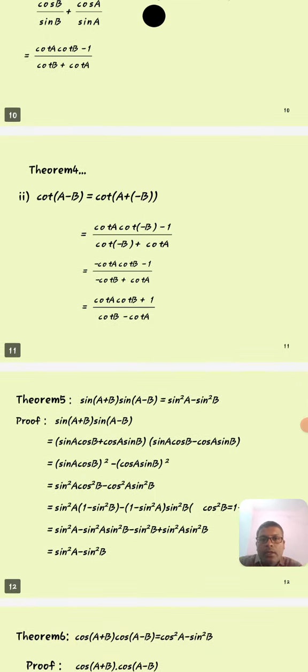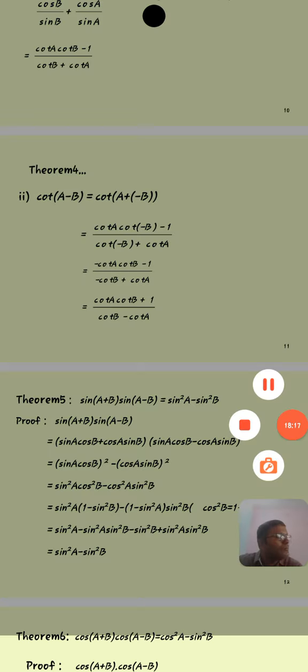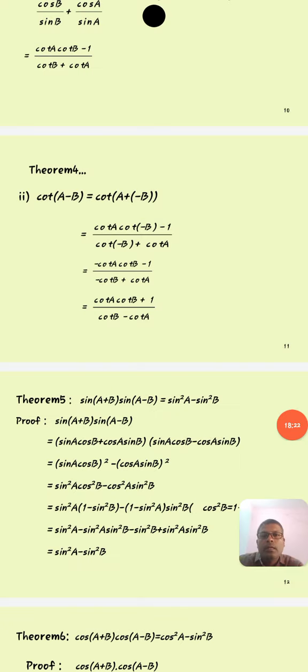Okay, now the same continues. Cot of a minus b is equal to cot of a plus minus b. Here we apply the cot(a plus b) formula. What is the cot(a plus b) formula? Cot a cot b minus 1 by cot b plus cot a.